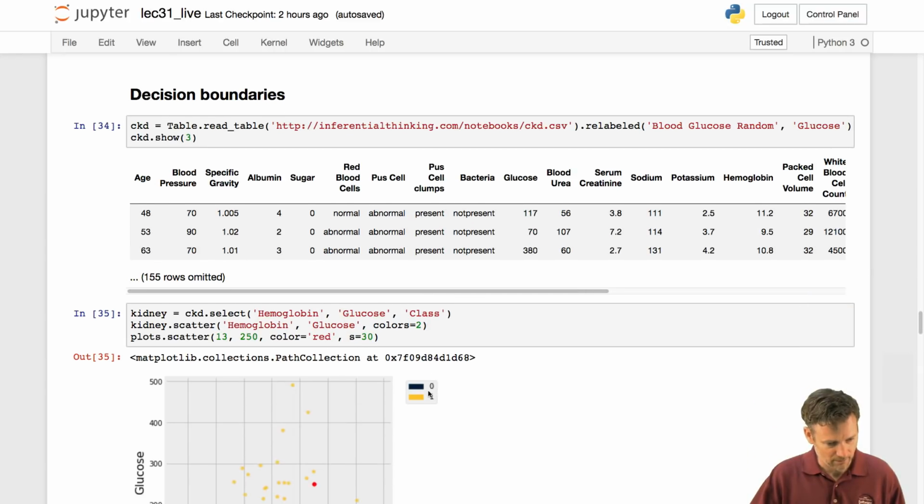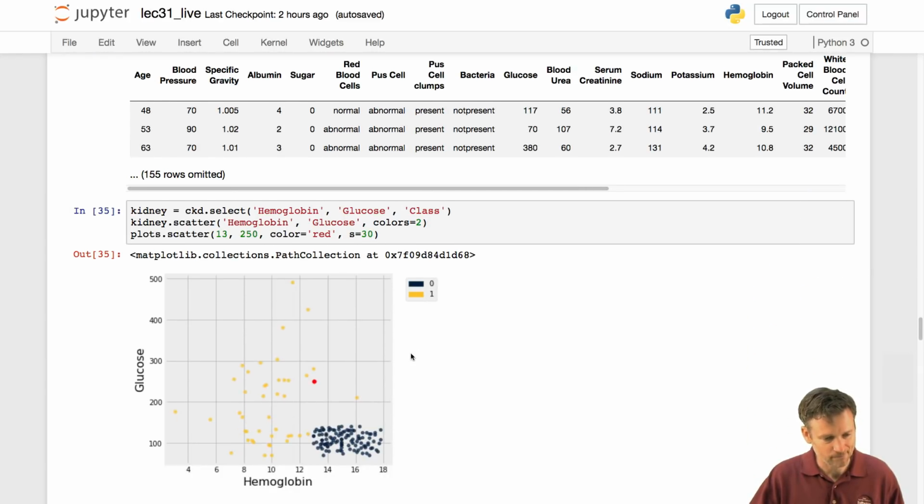And here's an example scatter plot to show you what would happen if we decided to use just two blood tests, just the hemoglobin level and the glucose level, and try to build a nearest neighbor classifier using just those two blood test results.